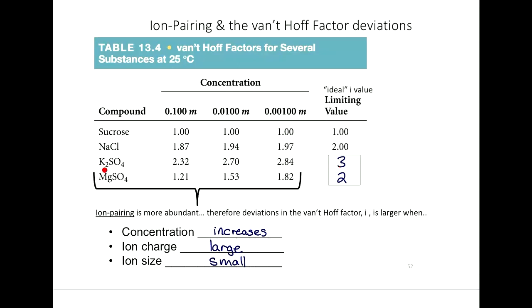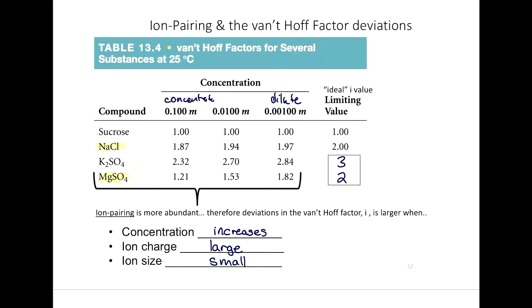If we look at potassium sulfate, we also see a lowering. Again, it's most lowered in the highly concentrated solution, where the 0.001 is dilute, and the 0.1 we can call concentrated. And then finally, magnesium sulfate has the most lowering, also in the concentrated solution, but let's compare NaCl and magnesium sulfate, because both of them have the same limiting value.